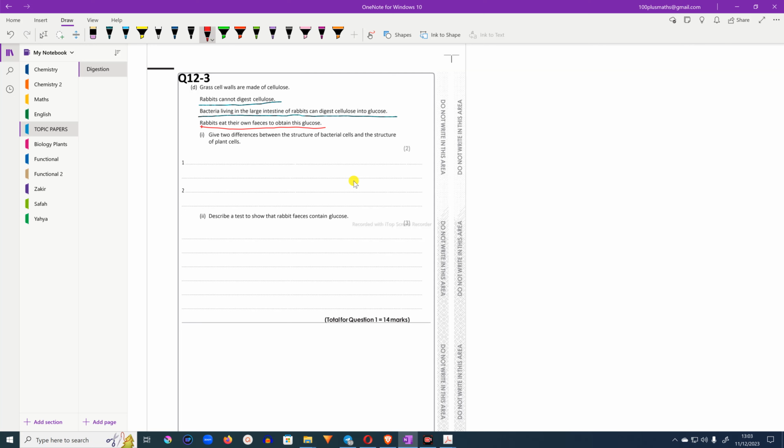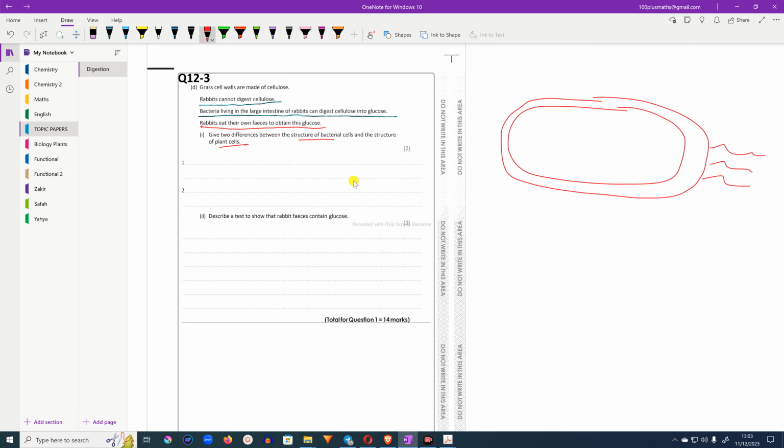Give two differences between the structure of bacteria and plant. Right. Look, this is a bacteria cell. Bacteria cell has a cell wall, so that's not different. But bacteria cell has something called a flagellum. It's a tail, but they call it flagellum or flagella.